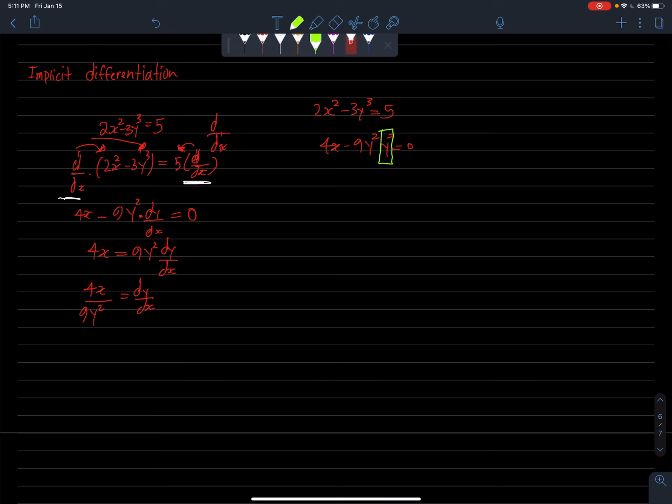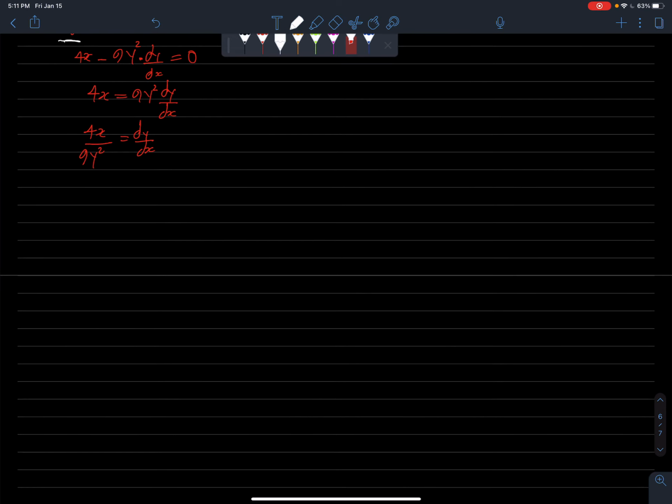So let's do some examples. We'll do a few. I'm not going to do the f of x thing. Let's just say y to the 3 over 2 is equal to 10xy plus y squared minus x squared.